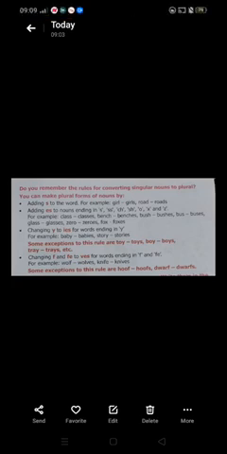It ends with double s, so we add es to make the plural. Okay, class, classes. And the next example is bench. It ends with ch, so to make the plural of bench, we add es after the spelling. Okay, benches. Bench, and the plural is benches.